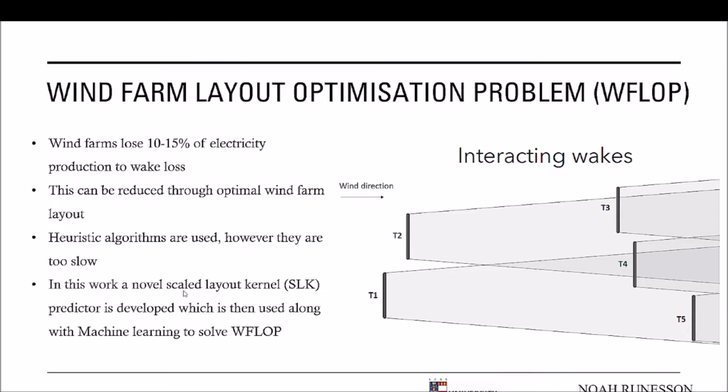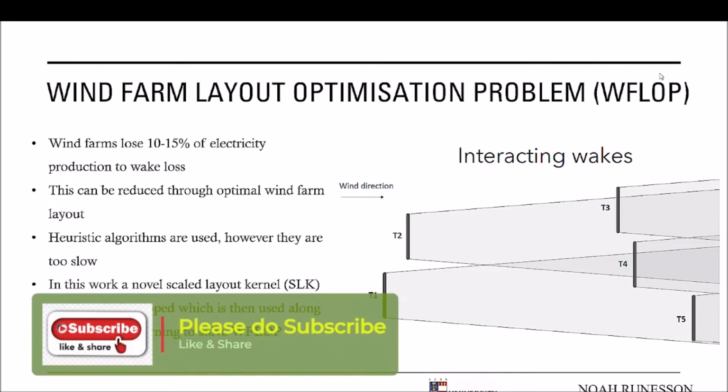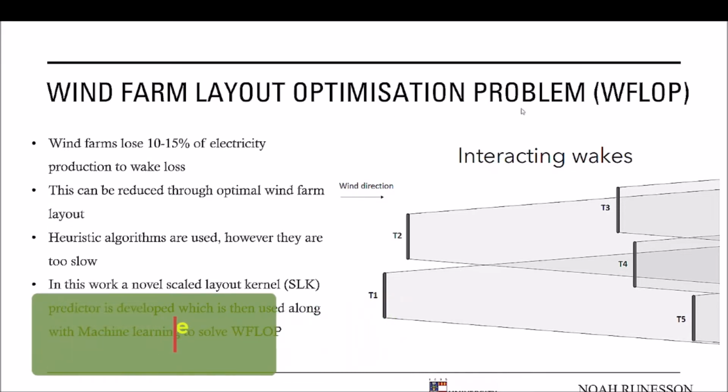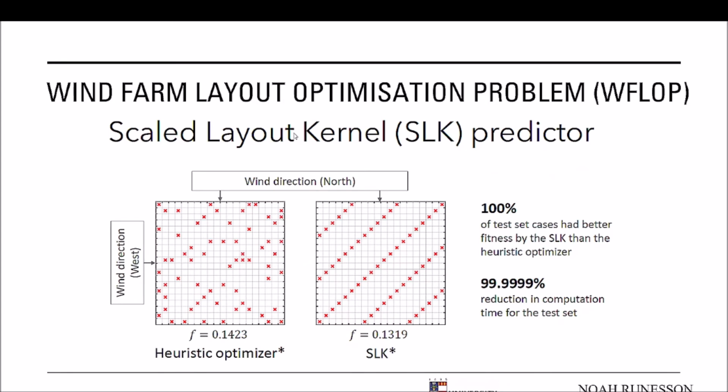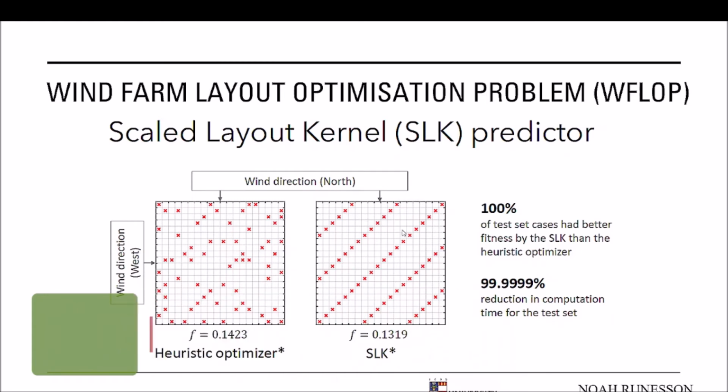So we developed a novel scaled layout kernel, SLK, and interfaced it with machine learning to solve this wind farm layout optimization problem, which we call WFLOP. You can see this is the heuristic optimizer, which took a very long time to solve. These are the wind directions, and these crosses are the wind turbine arrangements in the wind farm. And you can see how it looks for the SLK.